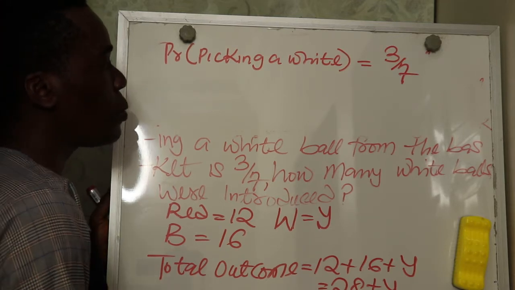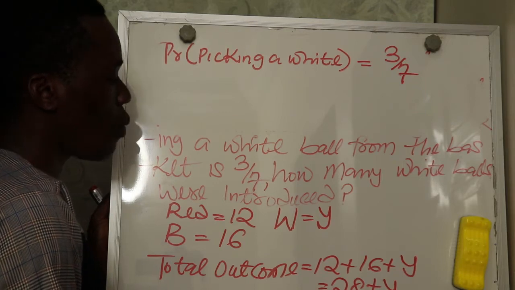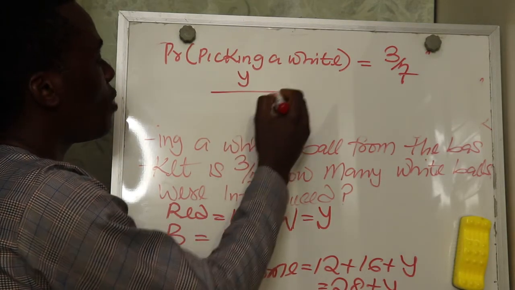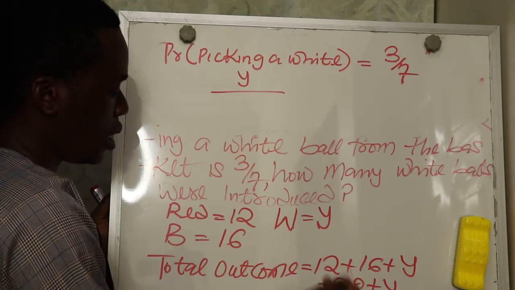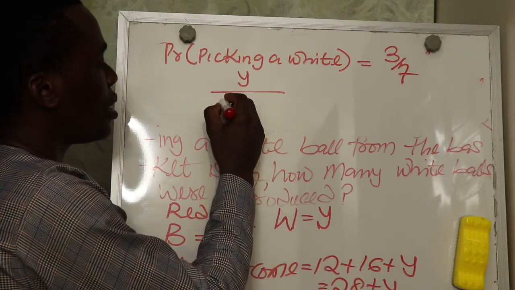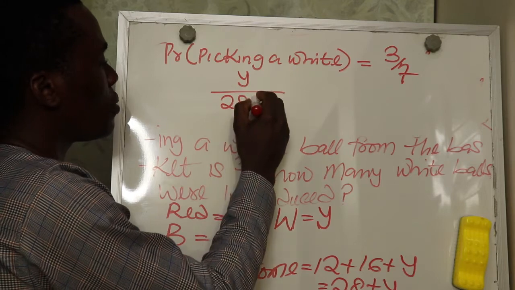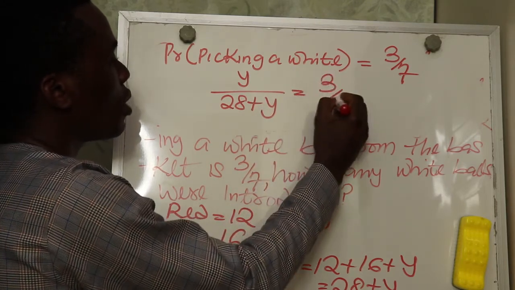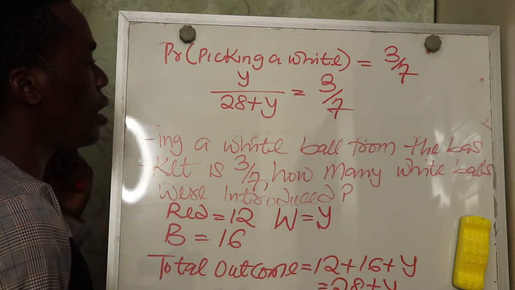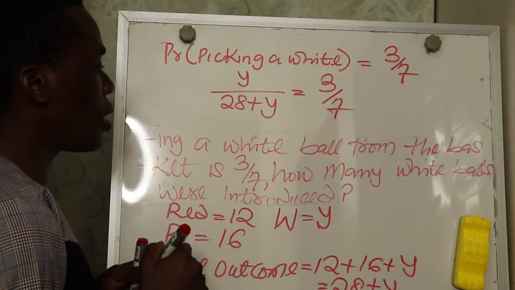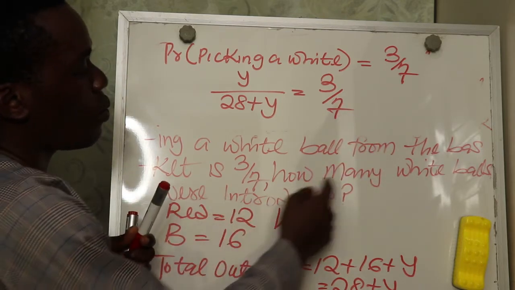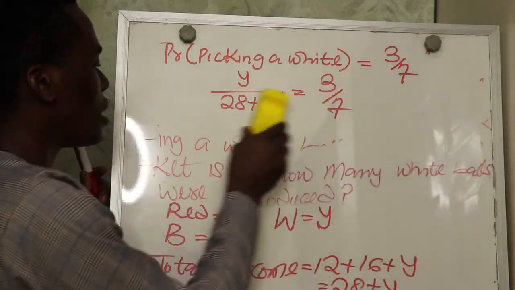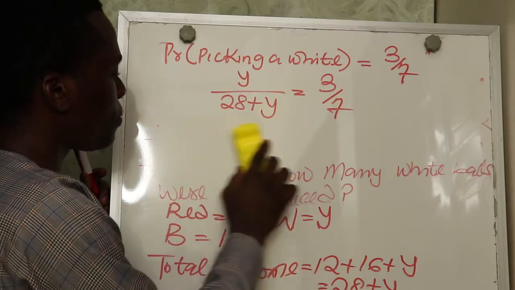The total probable outcome of picking a white ball is y, all over the total outcome of the whole probability, which is 28 plus y. So this will be equal to 3/7. Remember, we are looking for the number of white balls that was introduced into the basket. Now let's go ahead to the solution.